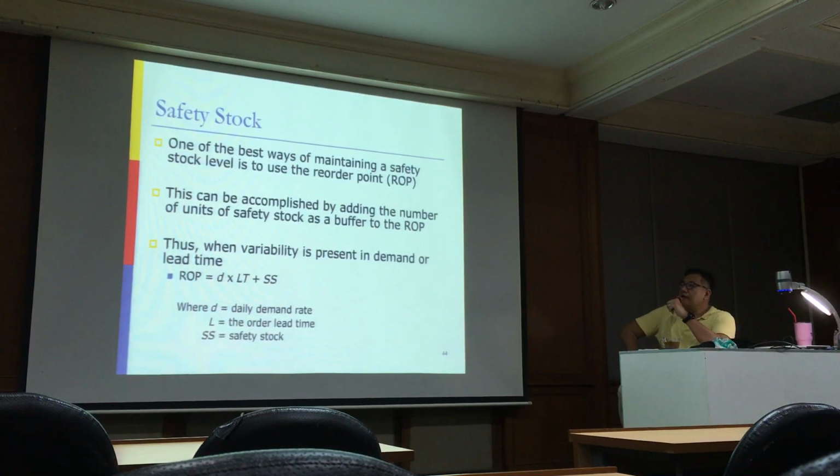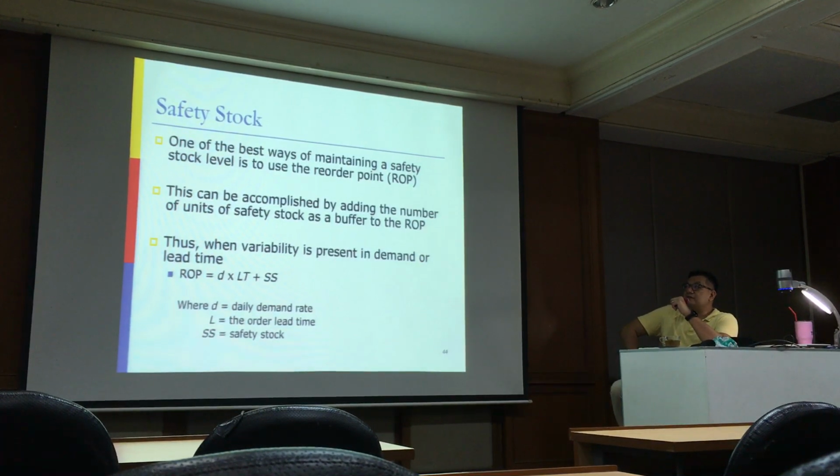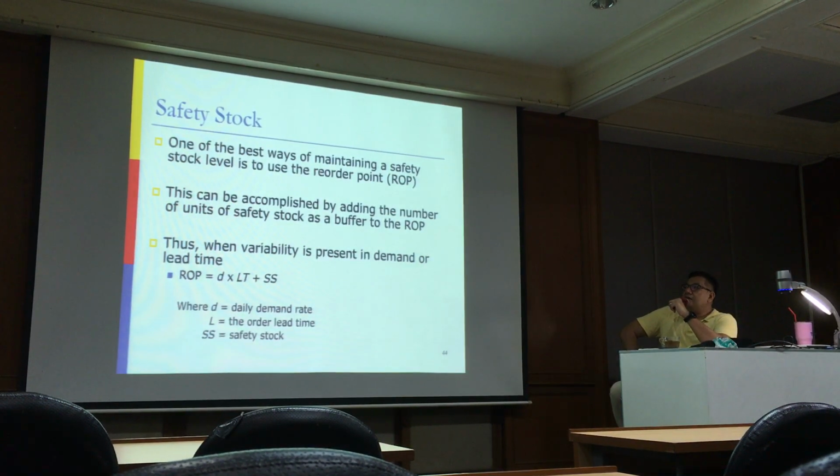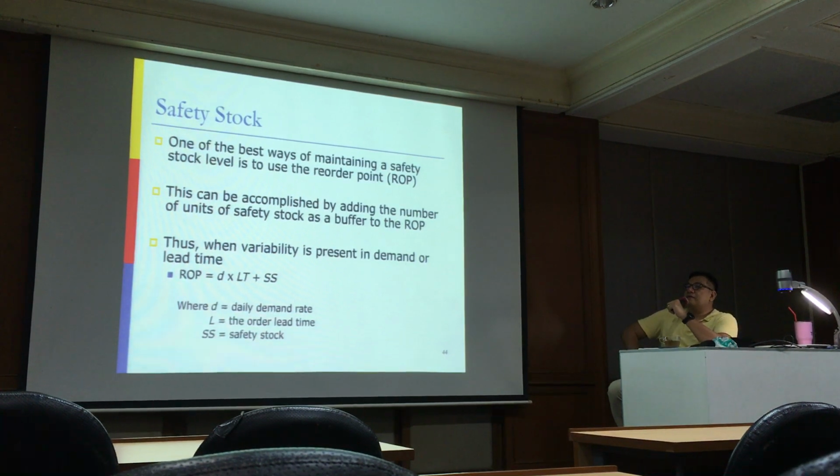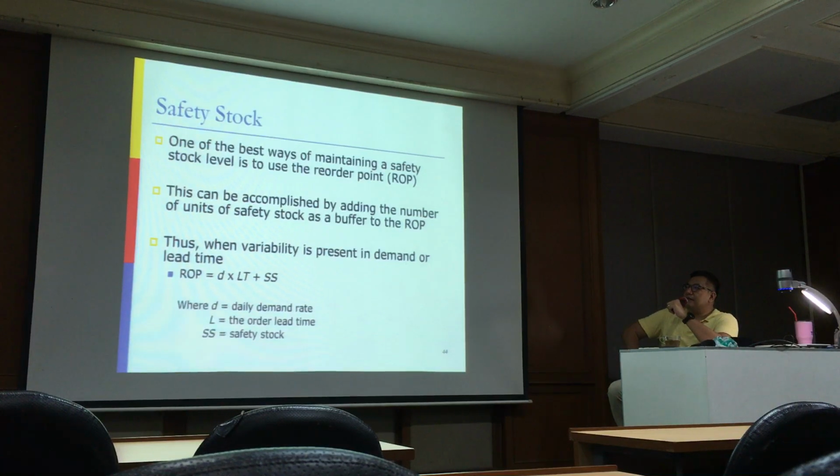And as I showed you on the previous slide, if the demand during the time is not constant, or the lead time is not constant as well, maybe the reorder point is not just the demand rate multiplied by the lead time, but we need some additional stock to support or serve that unexpected demand.